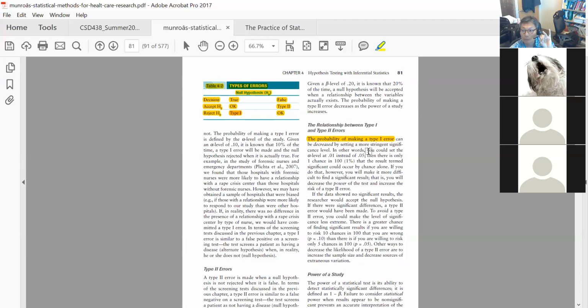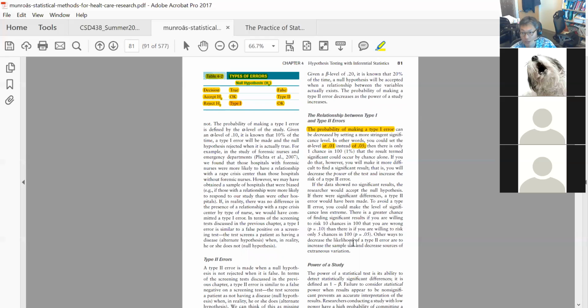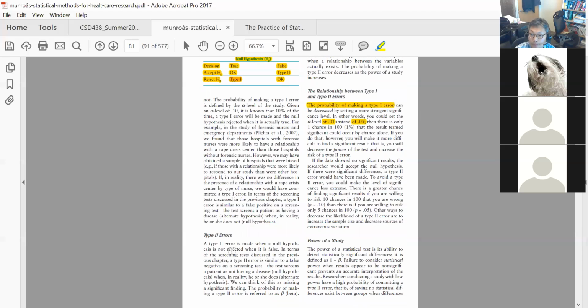In other words, you could set the alpha level at 0.01 instead of 0.05. So the alpha level here is related to the type 1 error. I hope you understand this chapter and these paragraphs, and the type 2 error also.